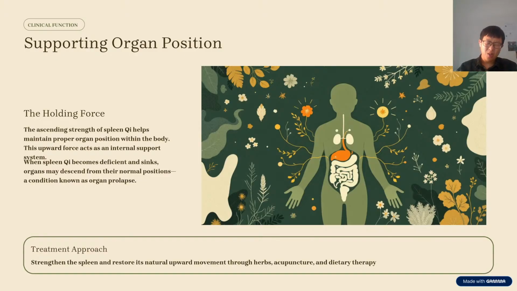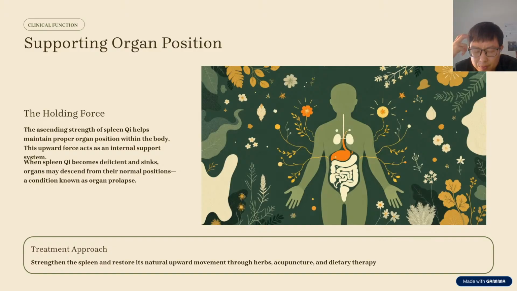So we all know diseases like gastric prolapse, uterine prolapse, and rectal prolapse. It's very annoying, and it causes a lot of uncomfortable feelings, and some people even do surgery to treat it.